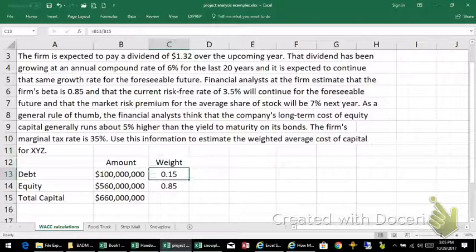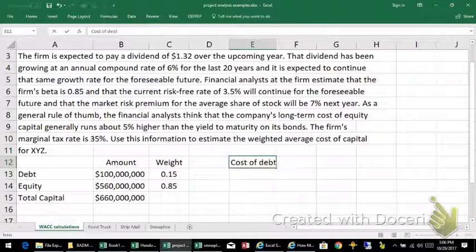All right, so what else do we know? The cost of debt is equal to the yield to maturity times 1 minus the tax rate. And we see down here that the firm's marginal tax rate is 35%.